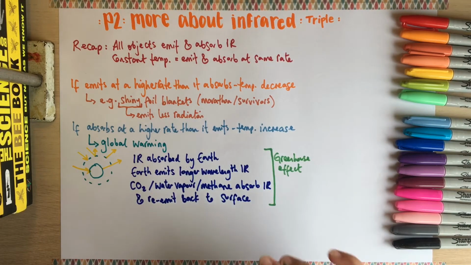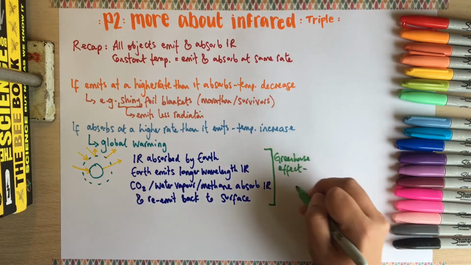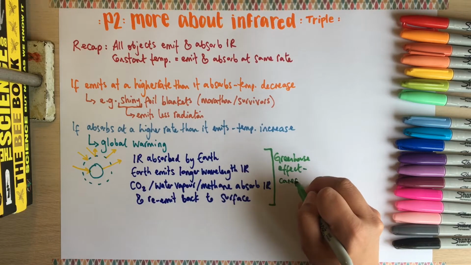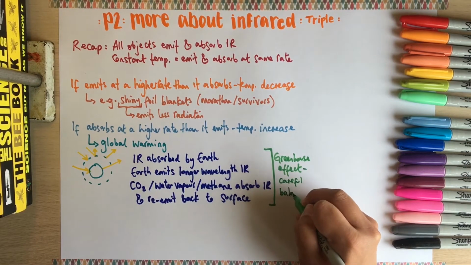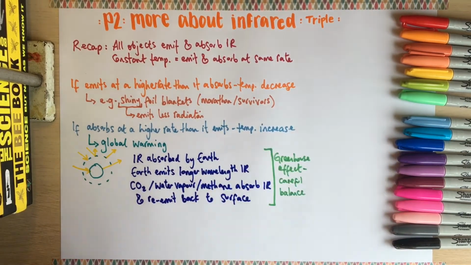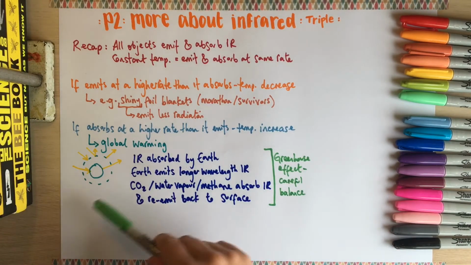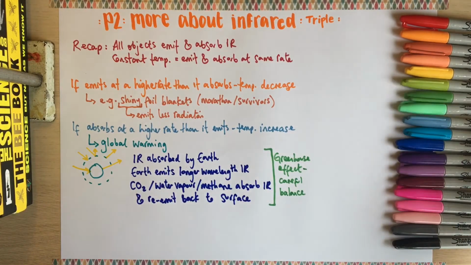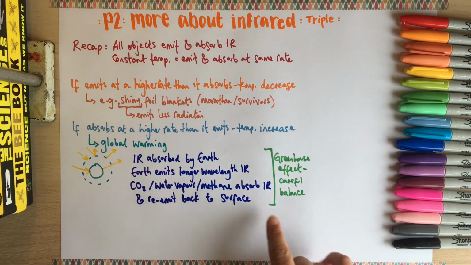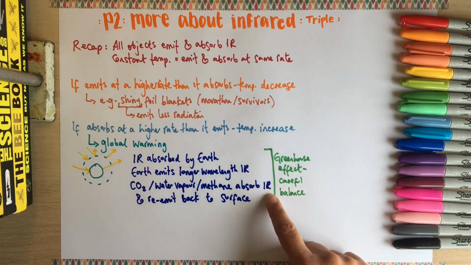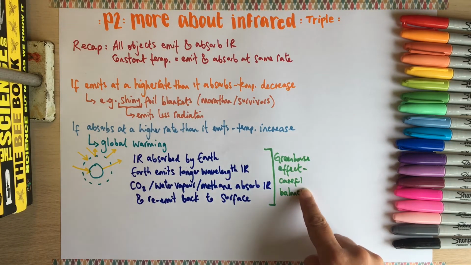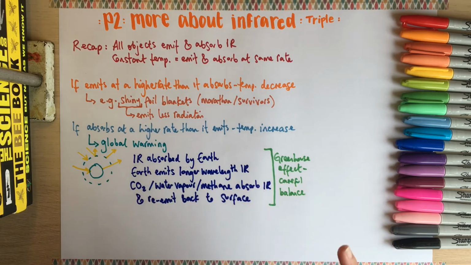The problem is that it has to be a very careful balance. Okay, so we need the greenhouse effect in order for the Earth to be at a temperature that we can live on. But the problem that we have at the moment is that this balance is not careful enough.